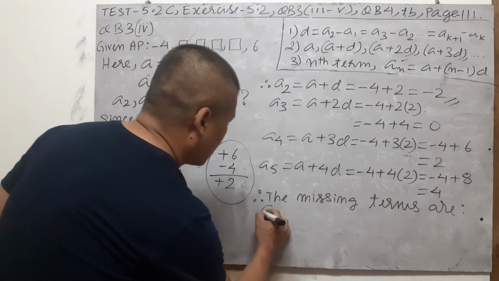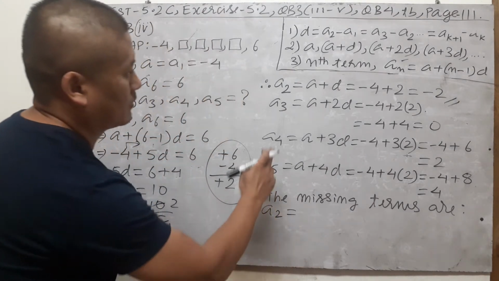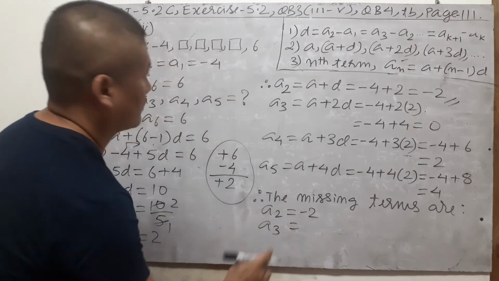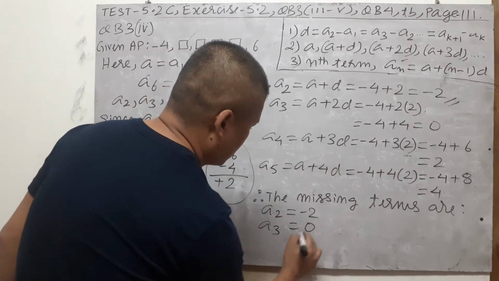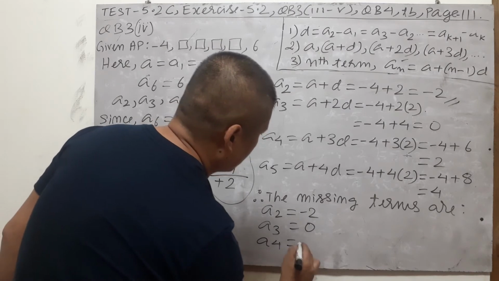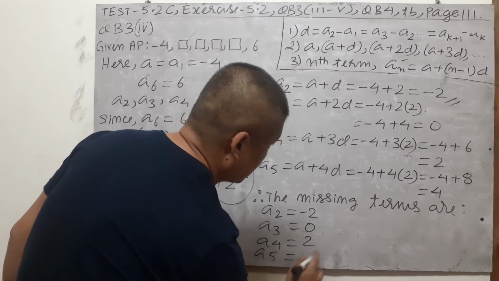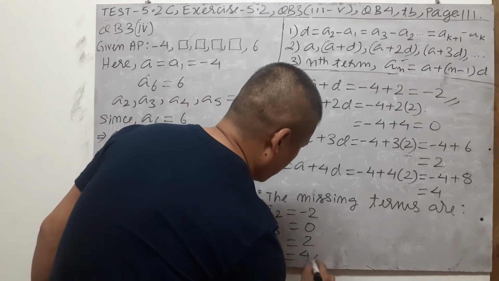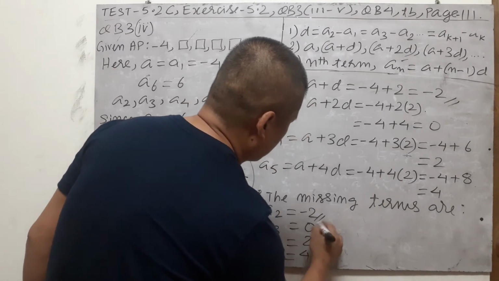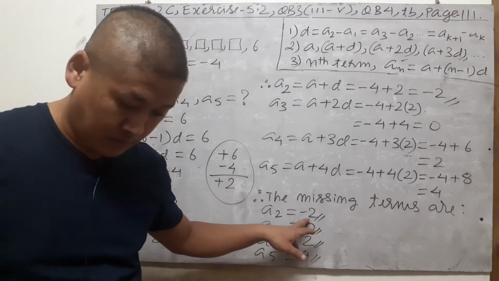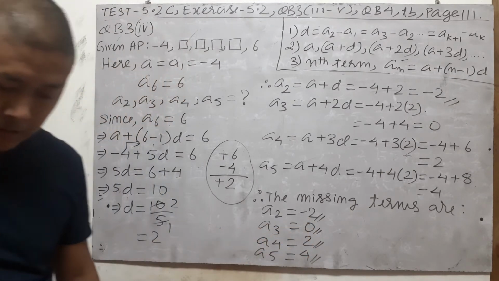A2 value is minus 2. A3 value is 0. A4 value is plus 2, and A5 value is plus 4. So these are the ones. I hope it's the same as the textbook question answer. Minus 2, 0, 2, and yes.